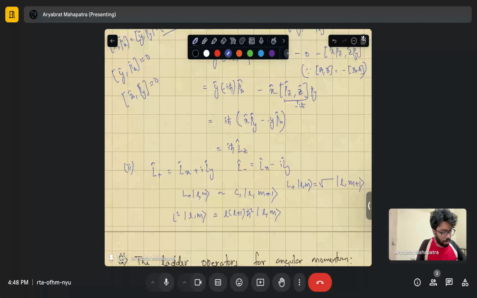First of all, this is not an eigenstate relation. You note this.